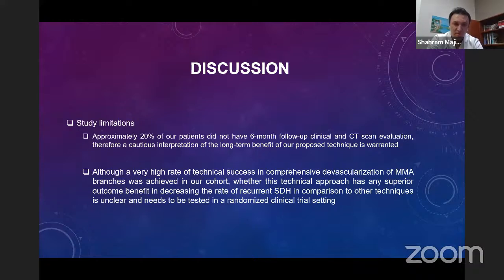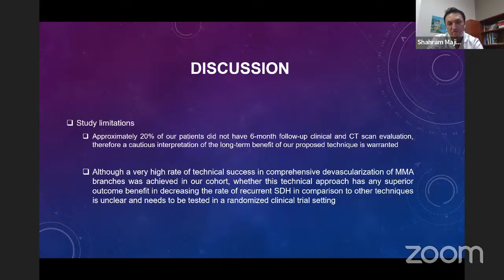Some of the limitations of our study: approximately 20% of our patients did not have 6-month follow-up clinical or CAT scan. Therefore, cautious interpretation of the long-term benefit of our proposed technique is warranted.